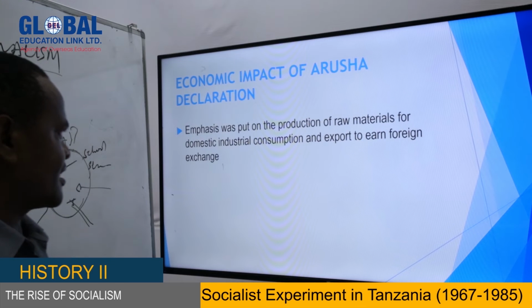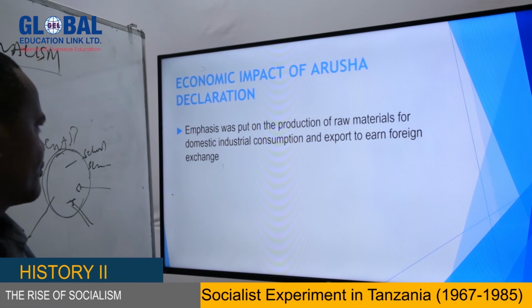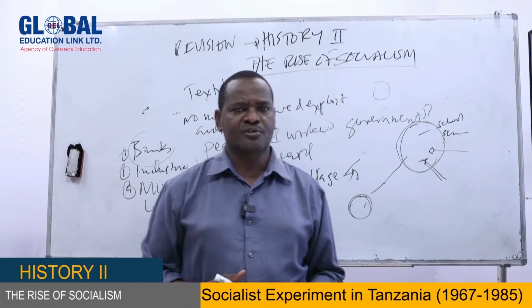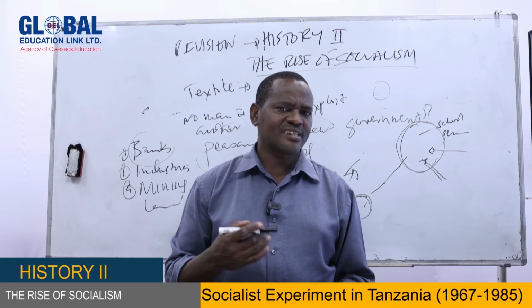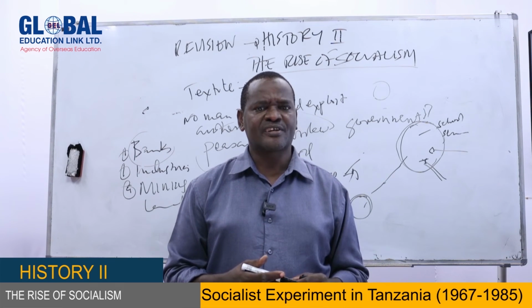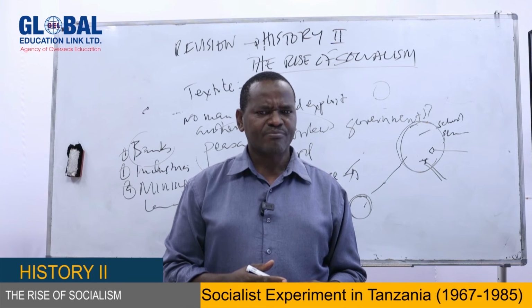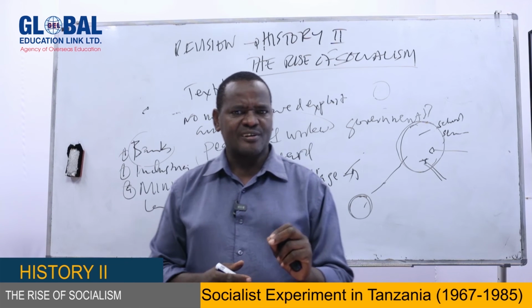So a lot of industries were established as part of import substitution, which is one of the impacts of the Arusha Declaration. Another economic impact was that emphasis was put on production of raw materials for domestic industrial consumption and for export to earn foreign exchange. At that time, they came up with different slogans, including kilimo cha kufa na kupona, which means agriculture is a matter of life or death.